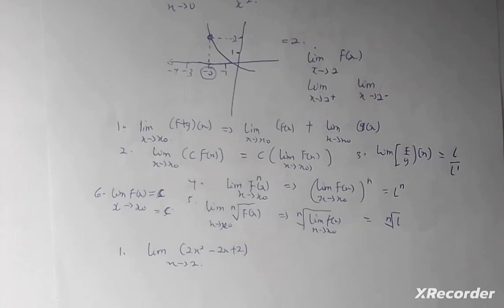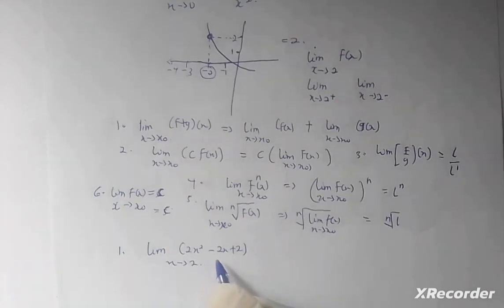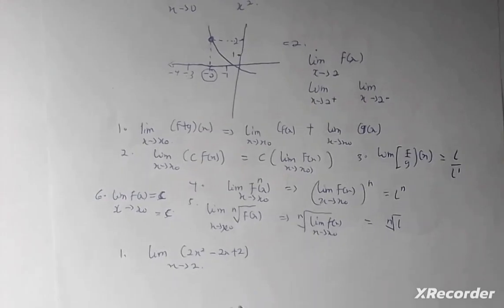So let's come back. Limit of 2x squared minus 2x plus 2 as x approaches 2. So how do you find the limit here? We have to apply the properties of limits. That is, there are sums of functions here as well as coefficients.